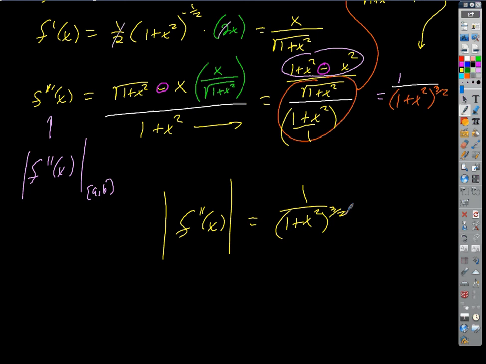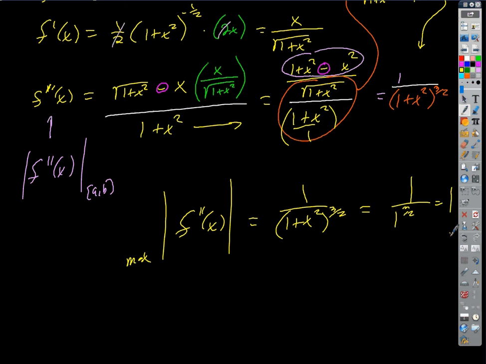Is it going to be the maximum when x is 1? No, when x is 0. That makes sense, because that makes the denominator a minimum, and a small denominator means a big fraction. Everybody agree? So the maximum value of this is going to equal 1 over 1 to the 3/2, which is just 1. Okay? Everybody agree?